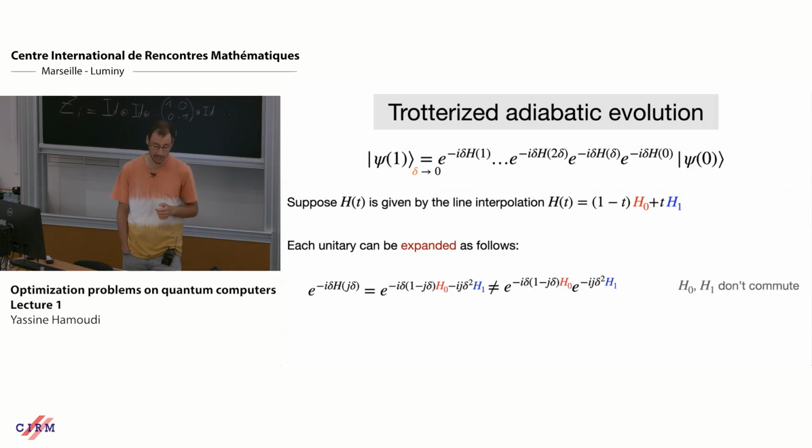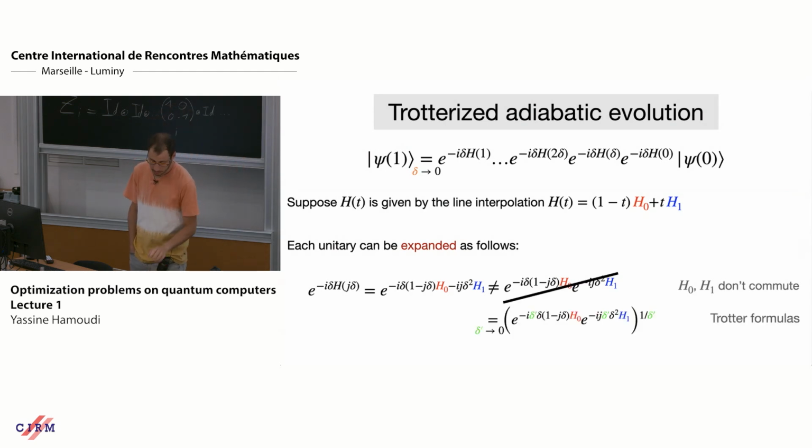Maybe you may suggest the following, which you would do if it was defined over the reals: just split it into two exponentials. This is not possible. If you have non-commuting matrices, this is not correct in general. What is correct is the following, which is called the Trotter approximation formula.